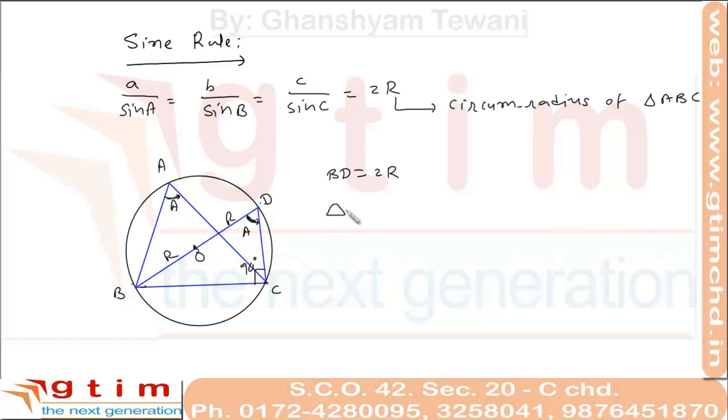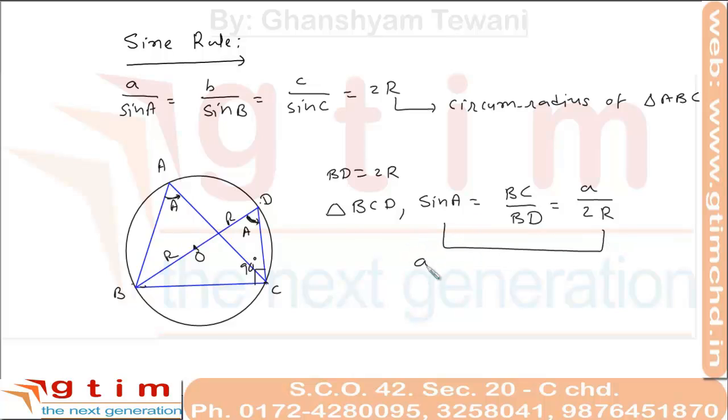So now in right angle triangle BCD, we have sine A is equal to BC upon BD. Now BC length in notation is what? Small a, and BD is 2r. So from this we have a upon sine A is equal to 2r.